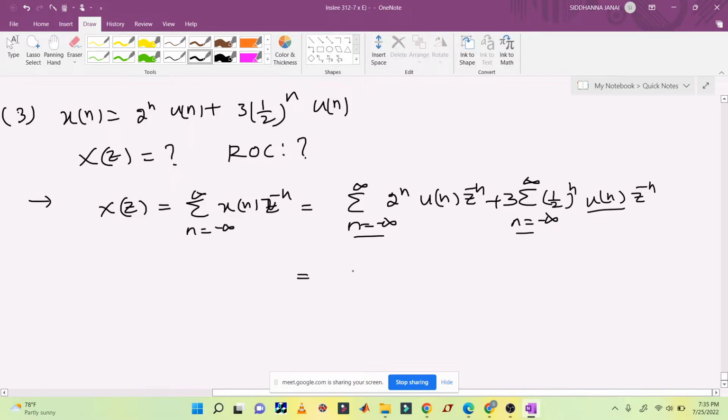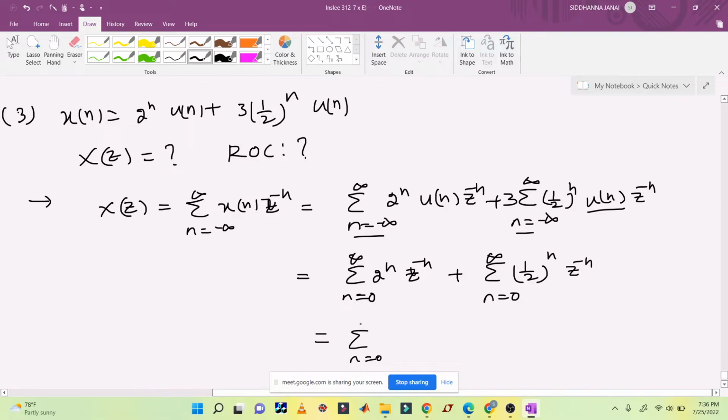So directly we can write the sum from n equals 0 to infinity of 2 to the power n z to the power minus n, plus the sum from n equals 0 to infinity of 1 by 2 to the power n z to the power minus n. Okay, now this is easier to solve.